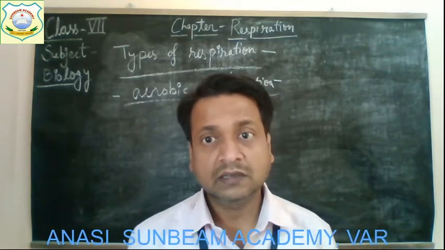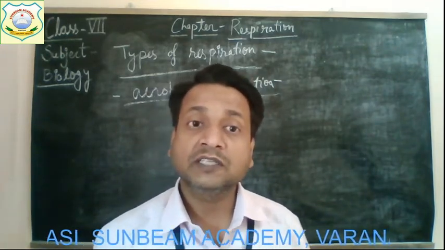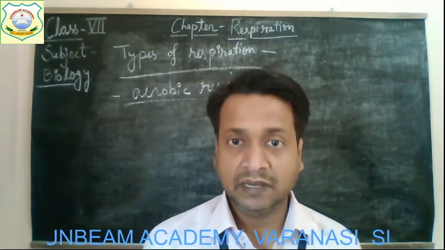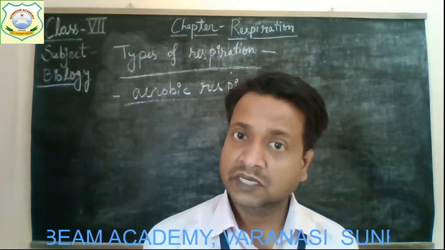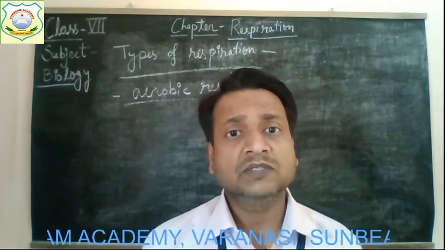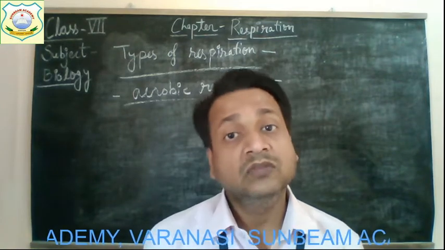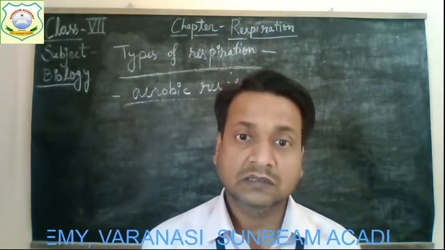Get it, children? Aerobic respiration takes place where? It is carried out in almost all plants and animals. Get it? Now, some organisms, such as yeast and some bacteria, can live without oxygen.